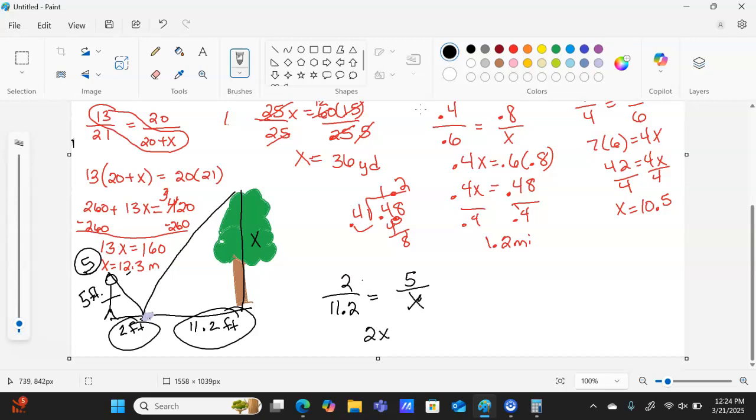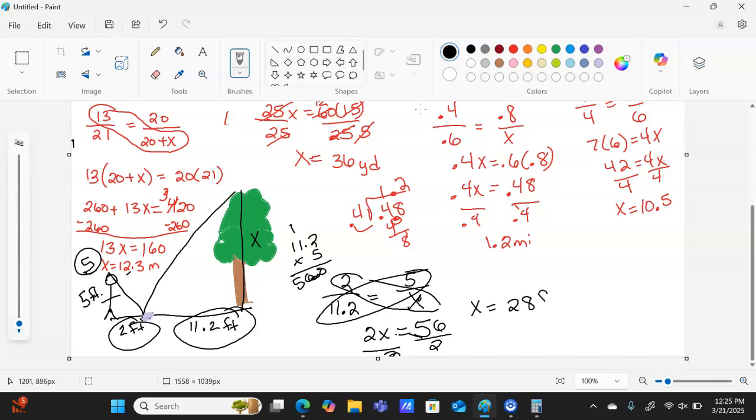So cross multiplying, 2 times x, 5 times 11.2. 5 times 11.2 gives us 56. 2x equals 56. Divide by 2. X is 28 feet. And that's your homework check for 11.4.